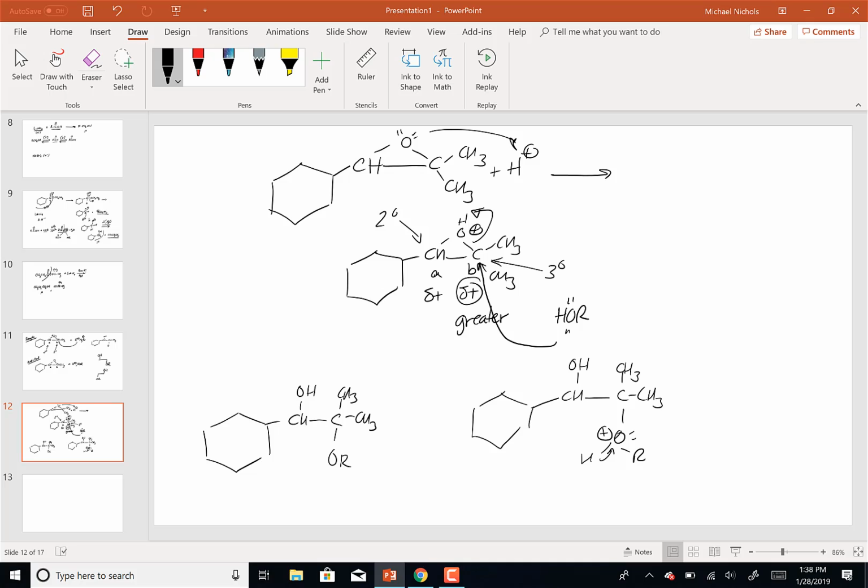What dictates the reactivity in SN2? Steric hindrance. What reacts the fastest? Primaries. And then secondaries; tertiaries don't undergo an SN2 reaction because they're too sterically hindered.